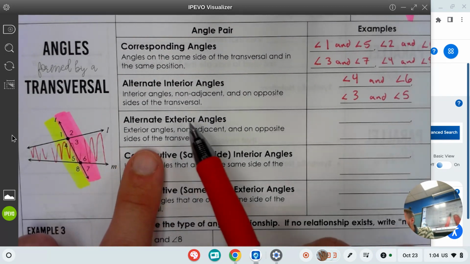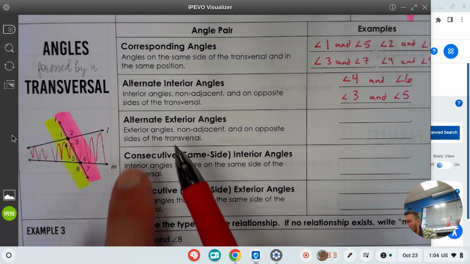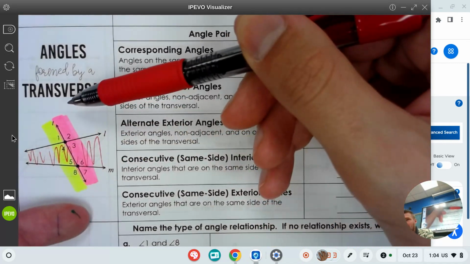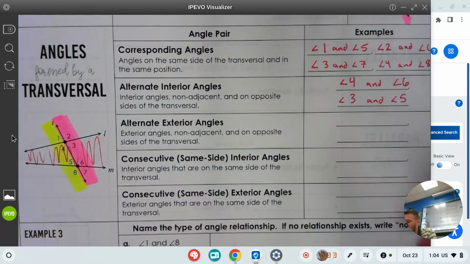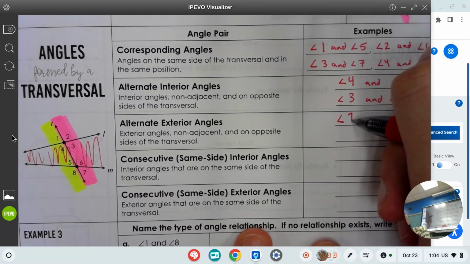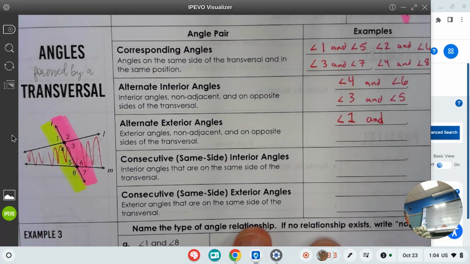Okay, alternate exterior. You can probably already figure out what's going on here. Alternate means we need one from the yellow side and one from the pink side. And exterior means we need to be on the outer edges of these two lines that intersect with our transversal line. So, if I tell you that the first angle is angle 1, what angle is an alternate exterior with angle 1? 7.